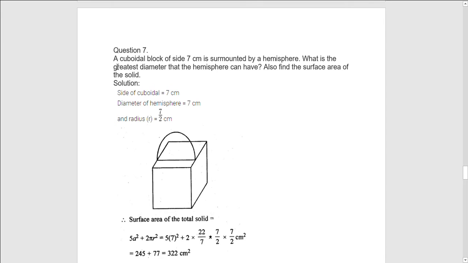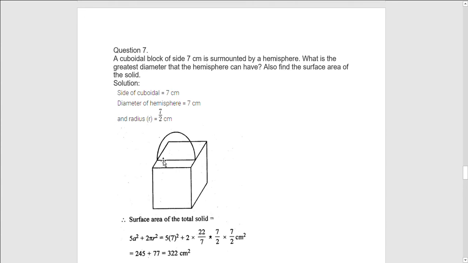Question number 7. A cuboidal block of side 7 cm is surmounted by a hemisphere. It means this block is the combination of what? Cube plus hemisphere. And what is the size of the cuboidal box? 7 cm.